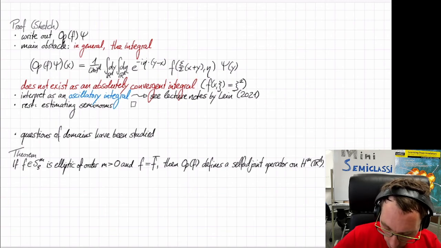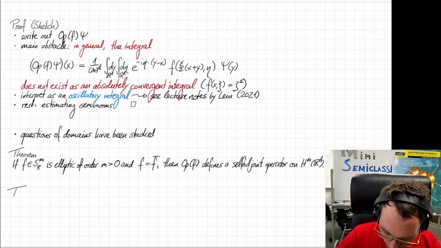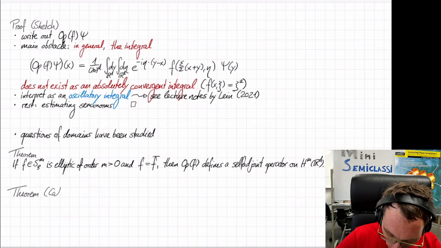Another important theorem in this context, and this will be the last thing, is the so-called Calderón-Vaillancourt theorem.